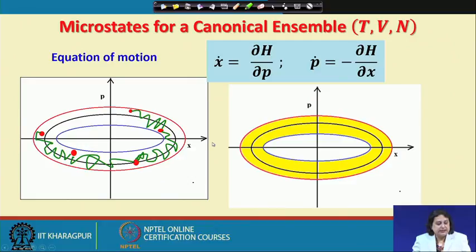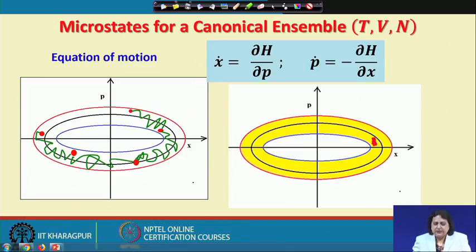As you see, the system is moving about through this region in the ellipse, and if I wait for a long time, my trajectory will be sampling each and every point in this region highlighted by the yellow color. Therefore, the system will move like a cloud of points with time in this yellow region.